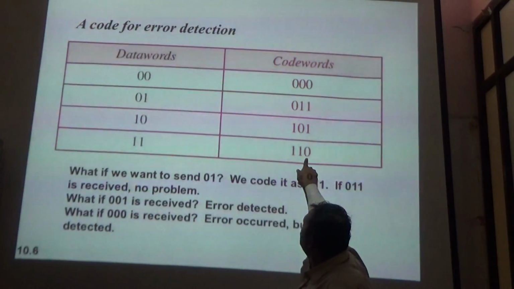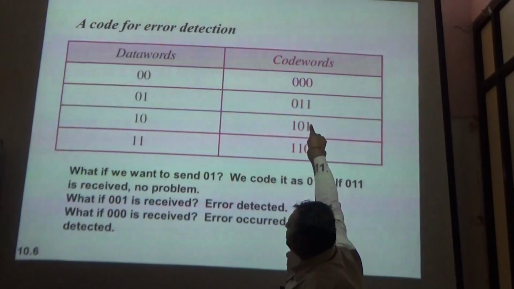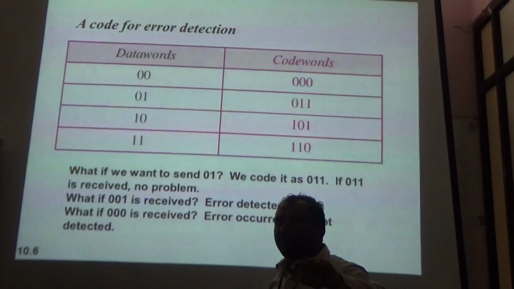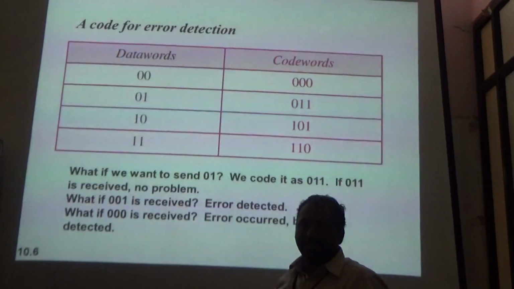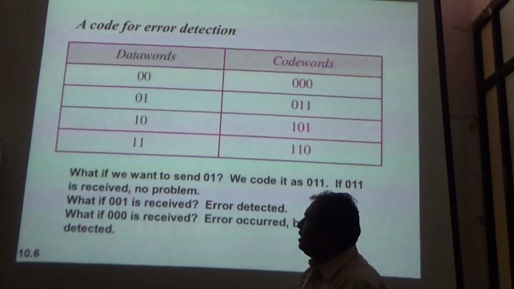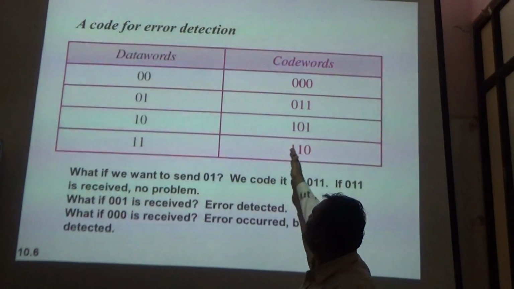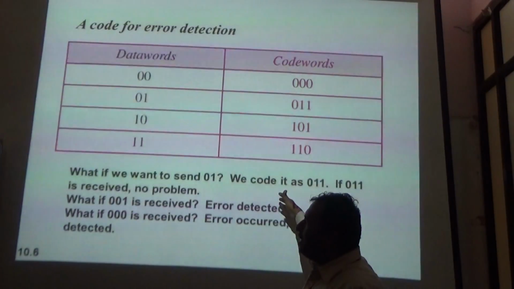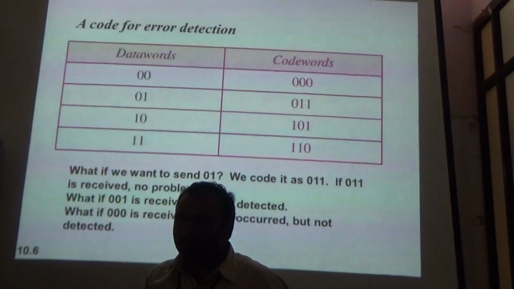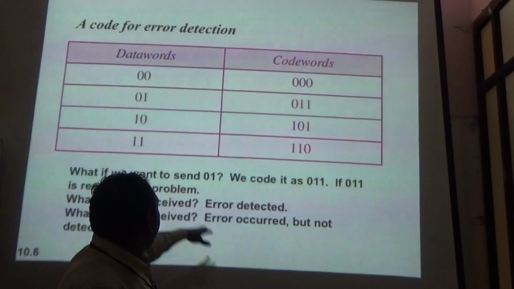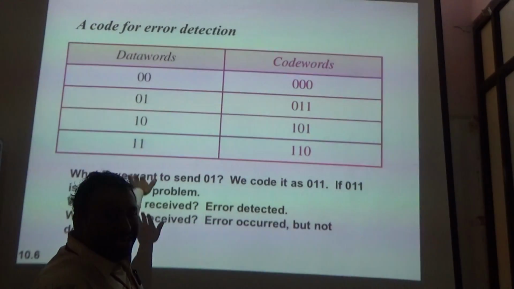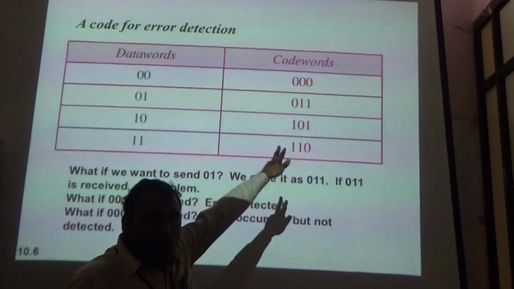So this way we have added one redundant bit, based on parity, whether the number of ones is even or odd, and formed the code word. Now if we wish to transmit the data from the network layer via the data link layer, we will not be transmitting data words, we will be transmitting the code words.